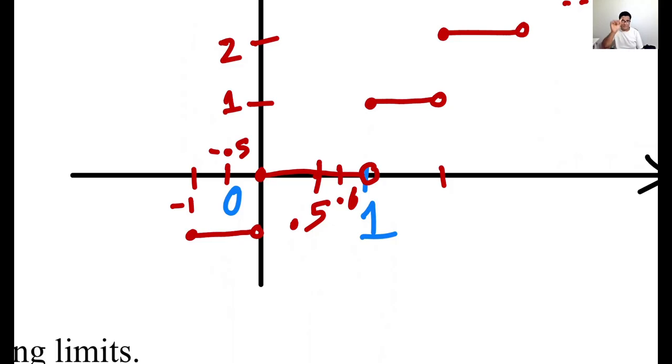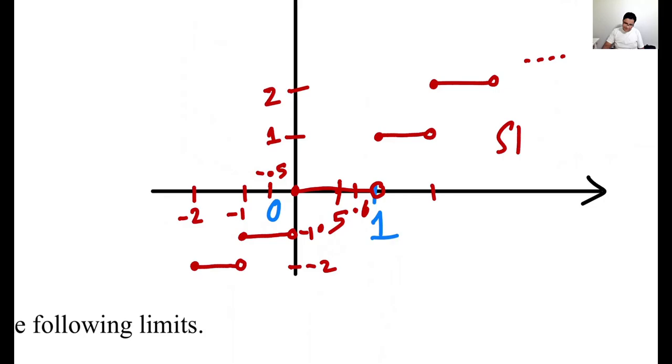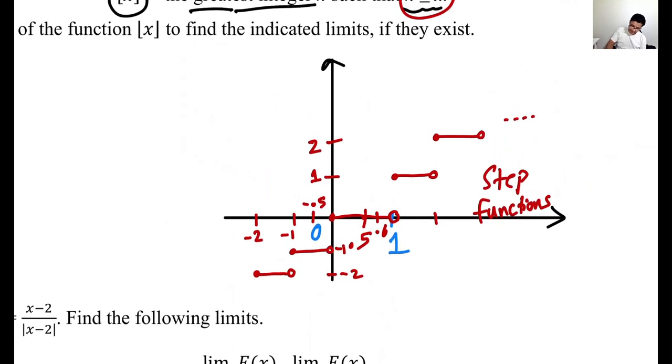Exactly at 0, it will jump to 0 and then continue. So if this is negative 2 here, and negative 1 here on the axis, then between negative 1 and negative 2, it will be there. You see this staircase. These kinds of functions are called step functions, which are like steps. That's the graph of the greatest integer function.